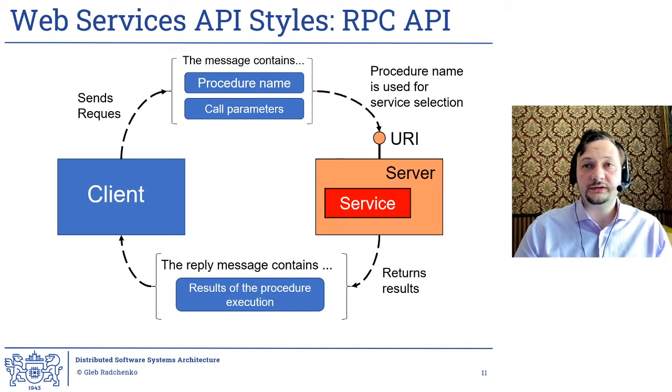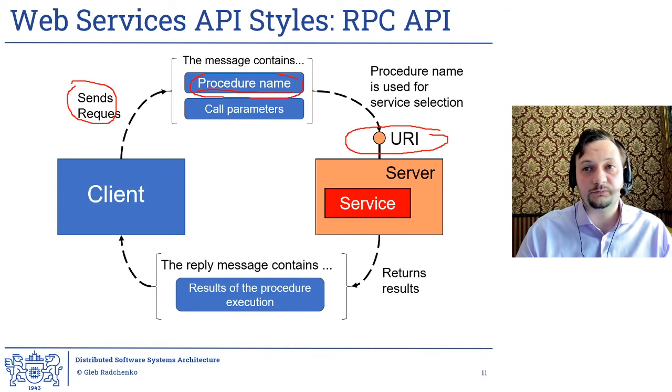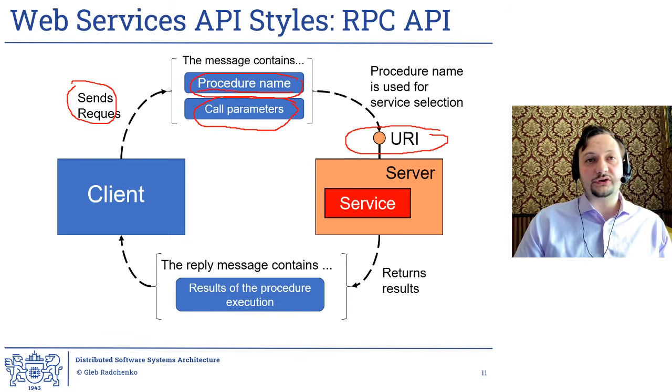The client sends a request to the URI of the remote procedure service. And in this request, we would provide this information: the procedure name, what we would like to execute on the remote server, and call parameters. What would be the parameters of the execution of the remote procedure?